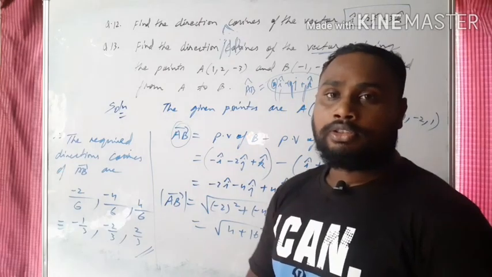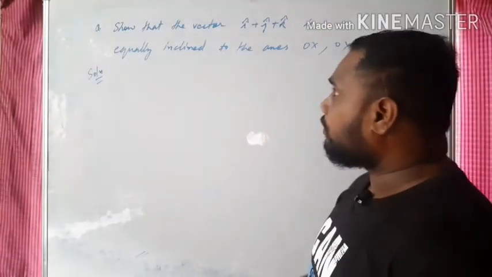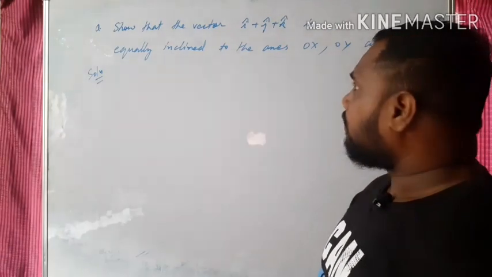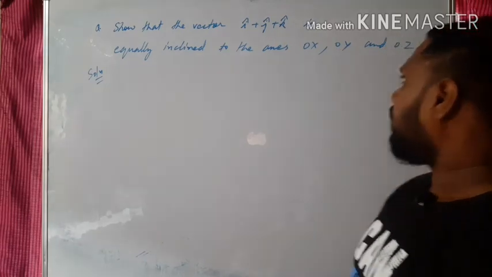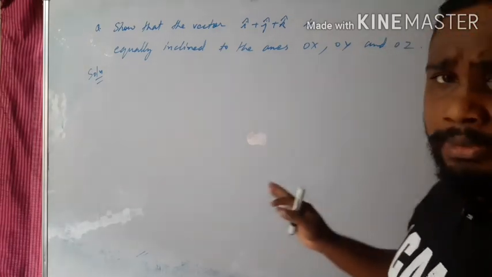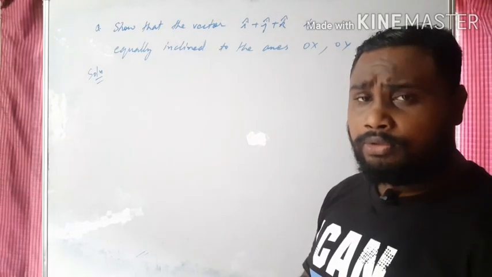Okay, so let us see the next question. Show that the vector i + j + k is equally inclined to the axes OX, OY and OZ. It means it is equally inclined with the x axis, y axis and z axis, and we want to show that.